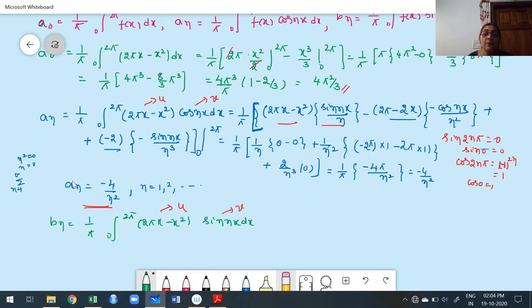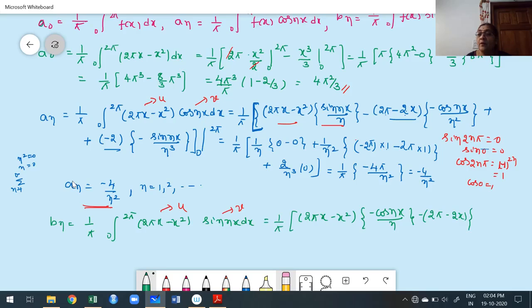From the UV rule, what do we get? 1 by pi of first function 2 pi x into integration of the second. What is integration of sin? Minus cos nx by n, minus the differentiation of this, 2 pi minus 2x. Again I have to integrate.